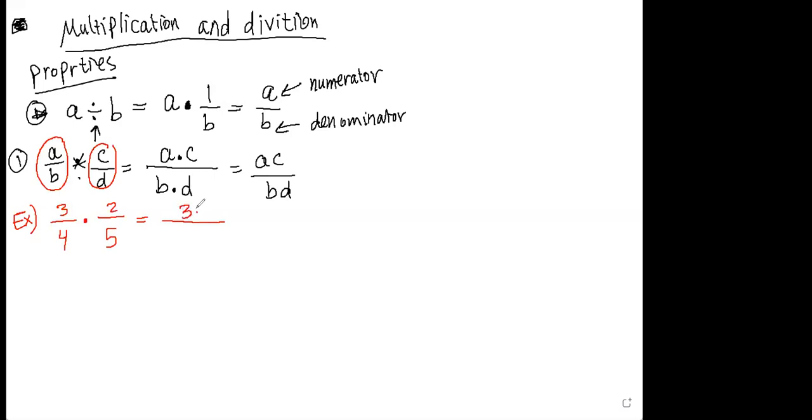We do 3 times 2 over 4 times 5, which gives 6 over 20. Can we simplify it more by dividing both by 2? So what's the answer? 3 over 10. Yes.